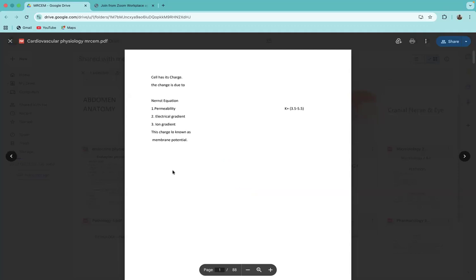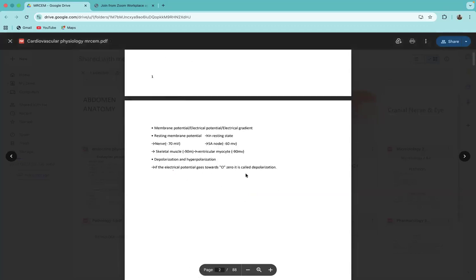Moving forward, there will be membrane potential and electrical gradient. What is membrane potential? We have already discussed it. What is resting membrane potential? Resting membrane potential is the membrane potential that usually stays during the resting phase of that membrane.